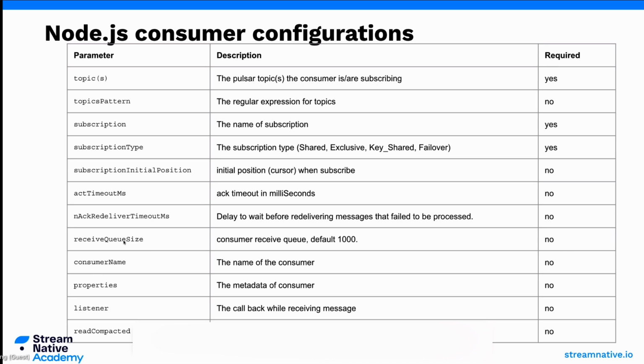Also, receive queue size. From the producer, you have the producer queue size. And from the consumer side, you also have a queue, right? The broker will push messages, like 1,000 messages to the consumer at a time.